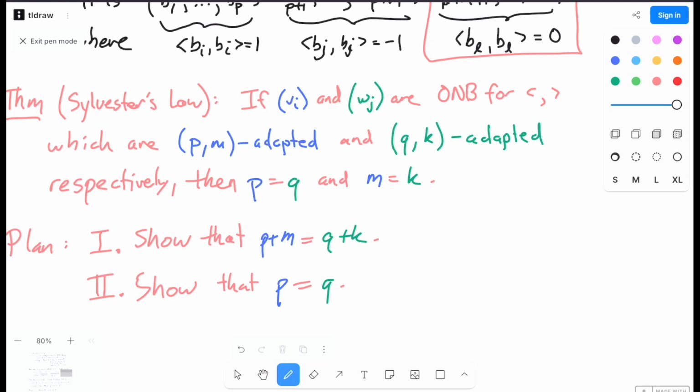The reason why he separates it this way is because the first part, I said before that it's easy. The sense in which it's easy is that it's true not just at the level of numbers, but at the level of subspaces.